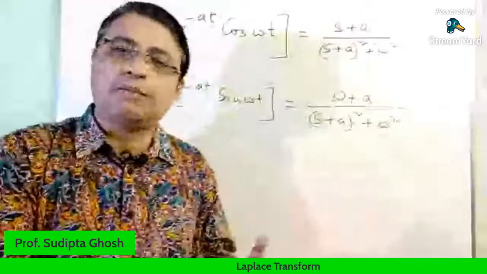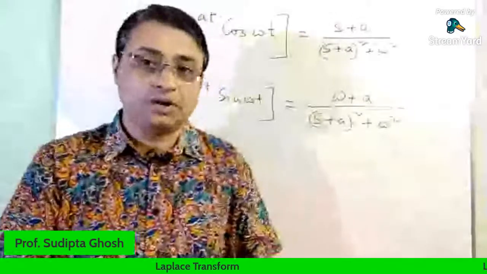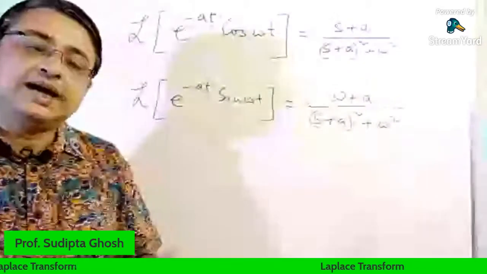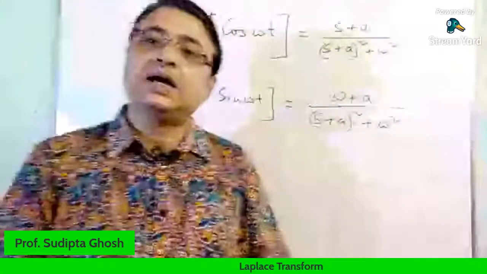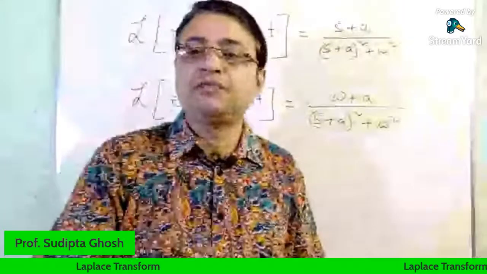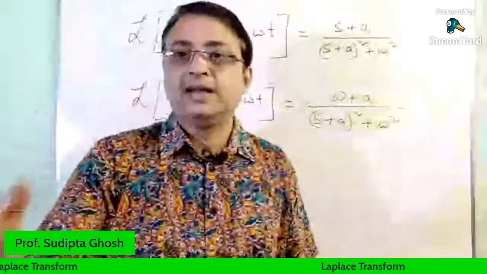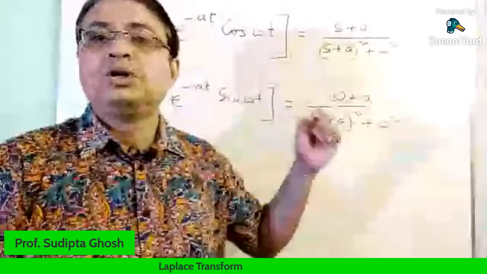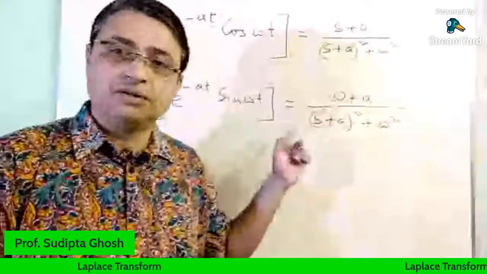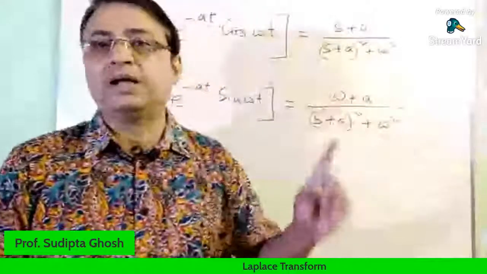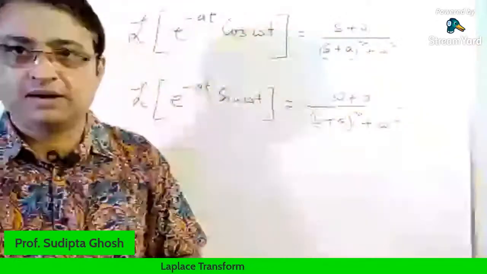When I'm talking about the Laplace transform of exponentially decaying functions, I'm telling you that you have to use f of s plus a instead of f of s. Whenever the function was sine omega t, the value was omega by s square plus omega square.